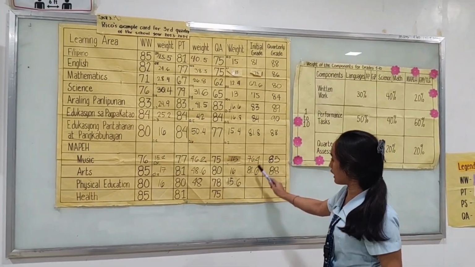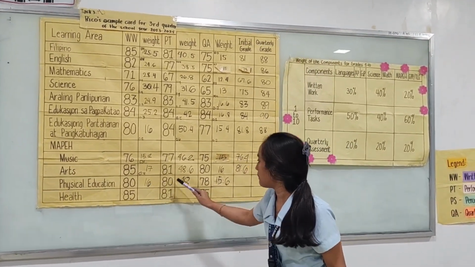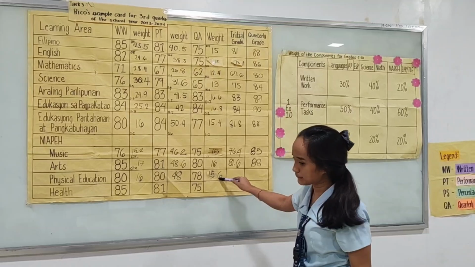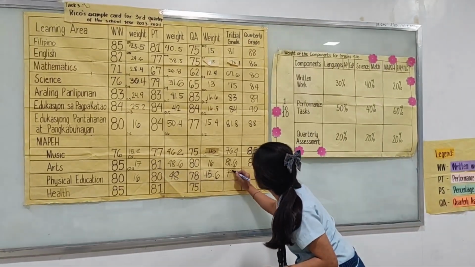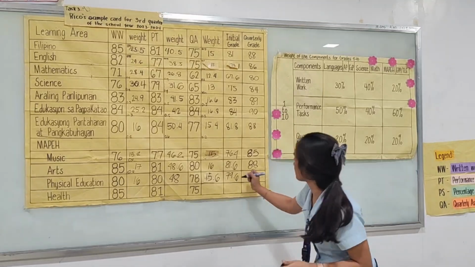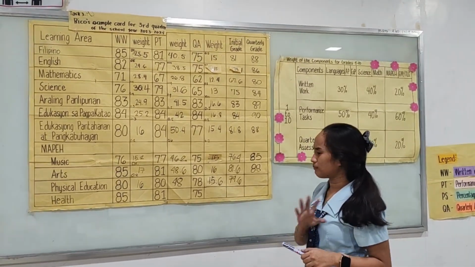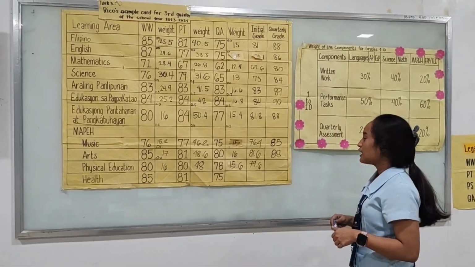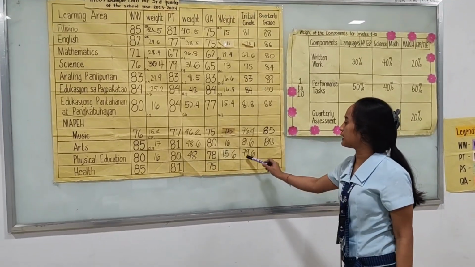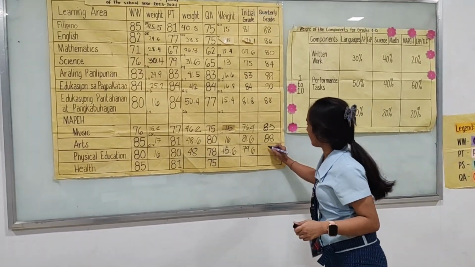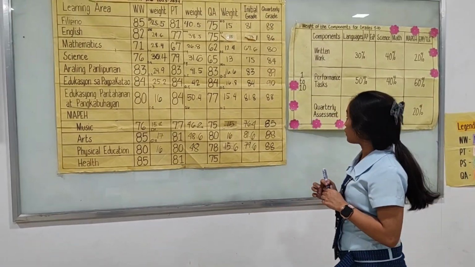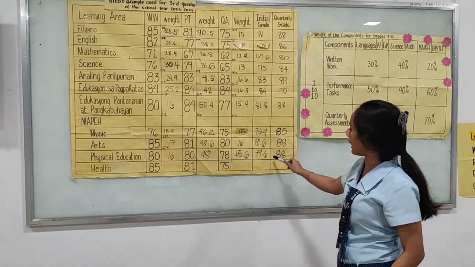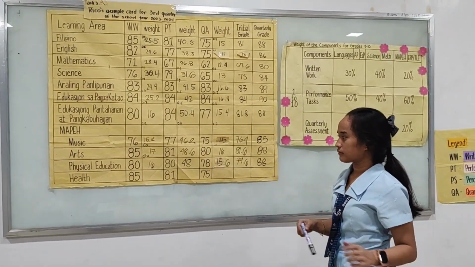So to get the initial grade, we need to add 16 plus 48 plus 15.6, which equals 79.6. So the transmuted grade of 79.6 is 88. So Rico's quarterly grade in Physical Education is 88.